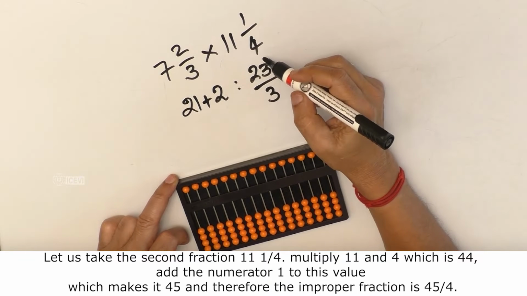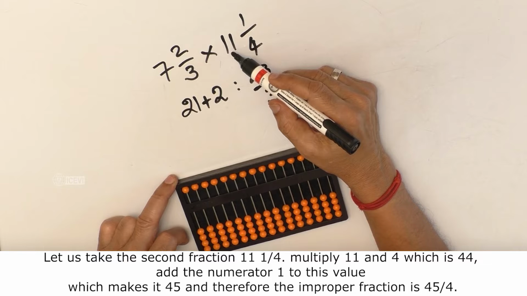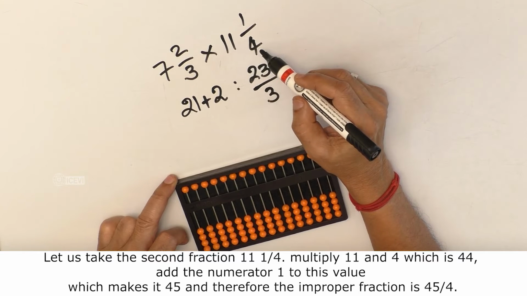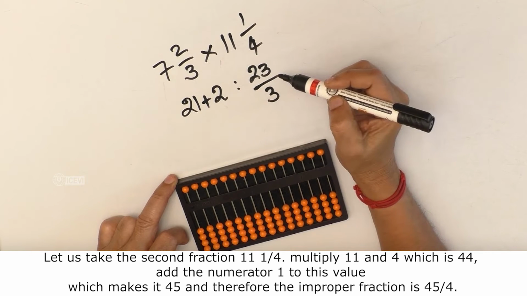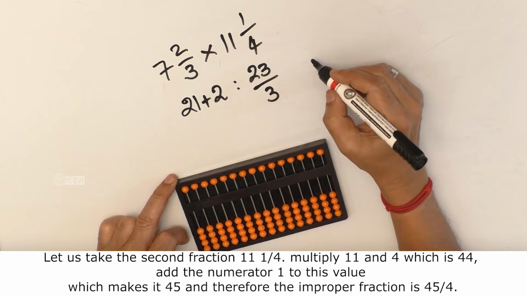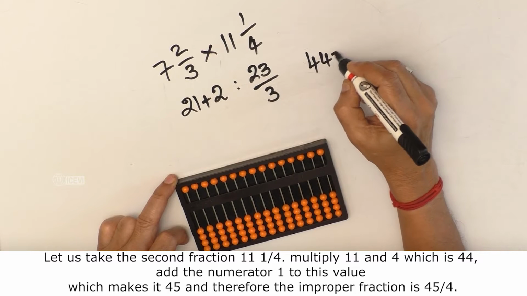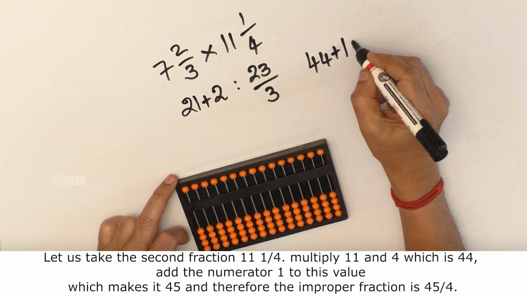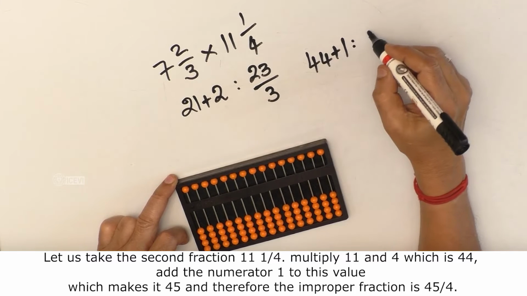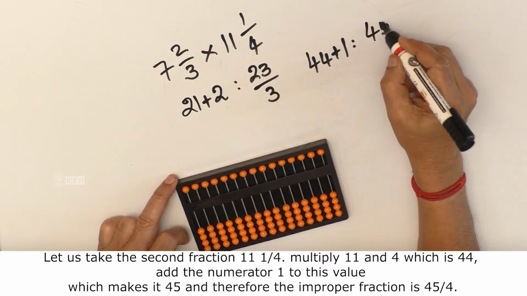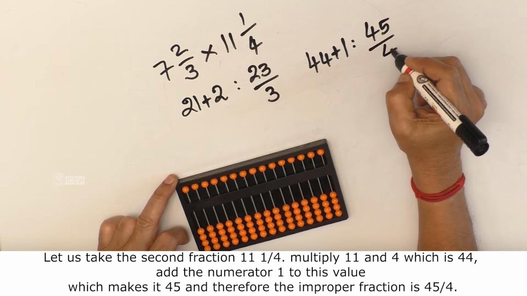In the second fraction, you multiply the whole number 11 with the denominator of the fraction, that is 4, to get 44, add it with the numerator, and therefore the improper fraction becomes 45 by 4.